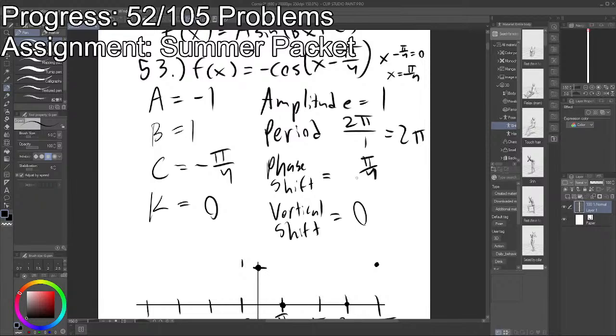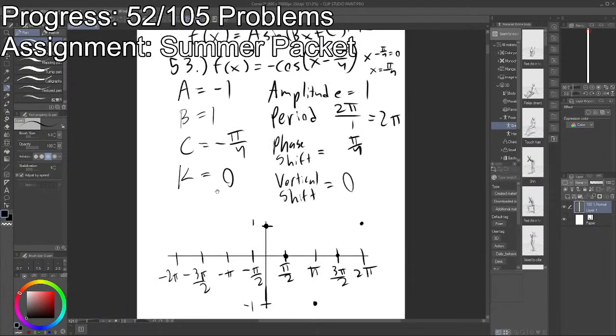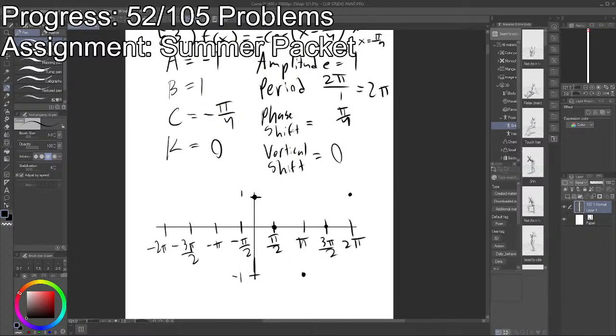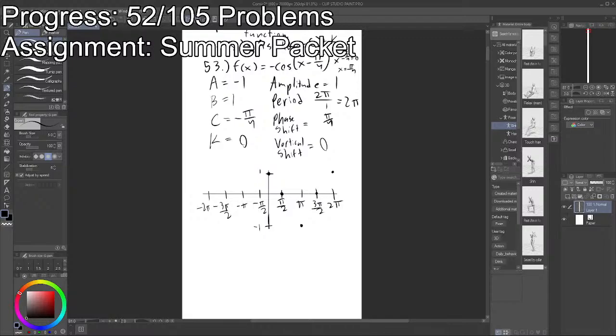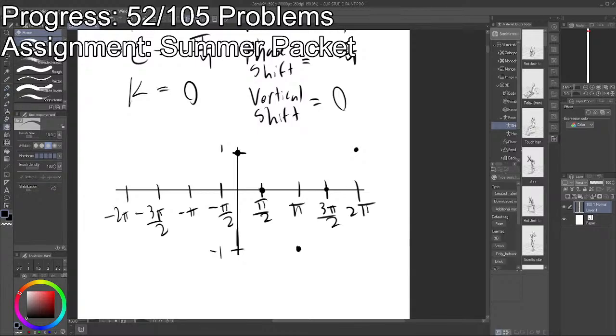Alright, so back to my thing. So the phase shift is positive pi over 4. So this actually all gets messed up then.